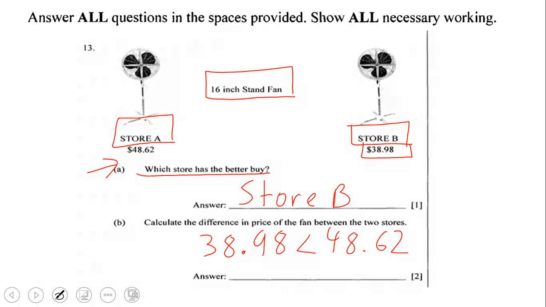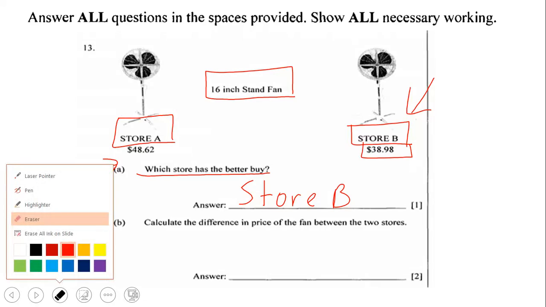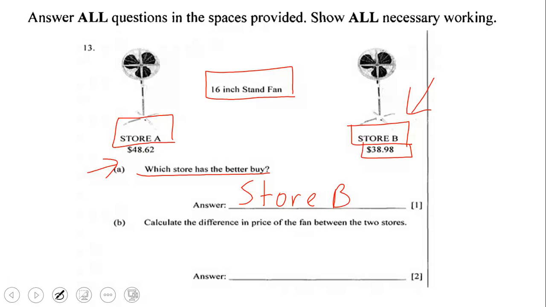So if I get the fan from store B, I would pay less. Let's move on to 13B. 13B states, calculate the difference in price of the fan between the two stores.